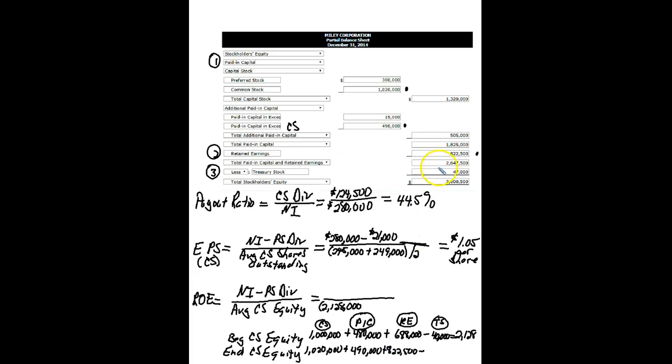Then we subtract out treasury stock. Notice that it was subtracted to get that ending amount above. We end up with $2,285,500, and I can't get all that written there, so I'll put it here.